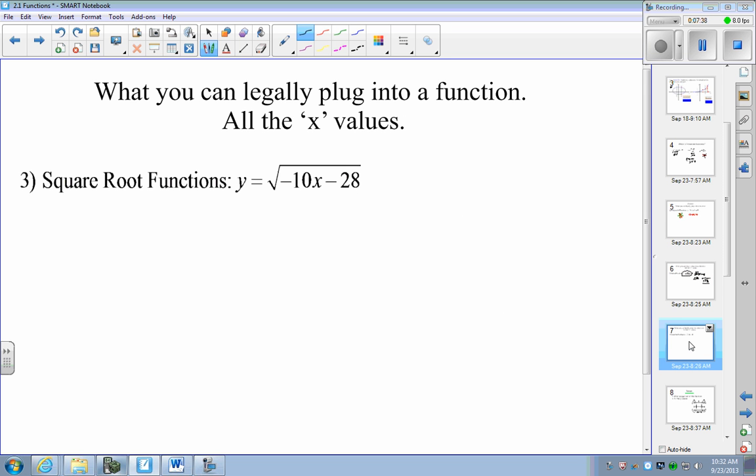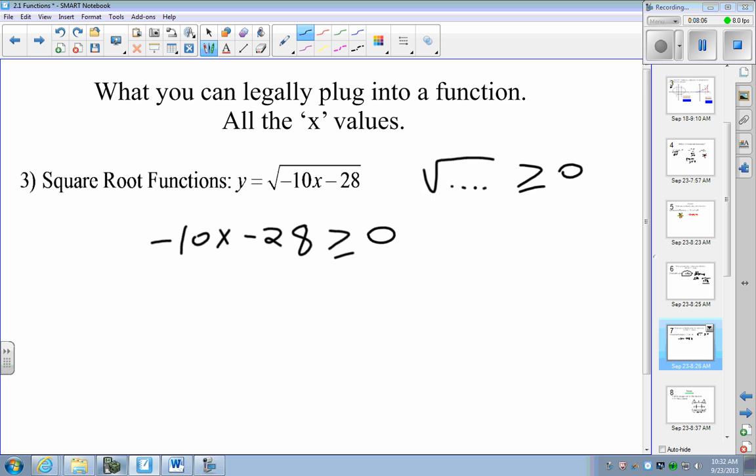But what if we're looking at square roots? Well, we know if we have a square root of something, that this inside has to be less than, or I'm sorry, greater than or equal to 0. So here, we're going to want to set negative 10x minus 28 to be greater than or equal to 0. Now we solve for x.